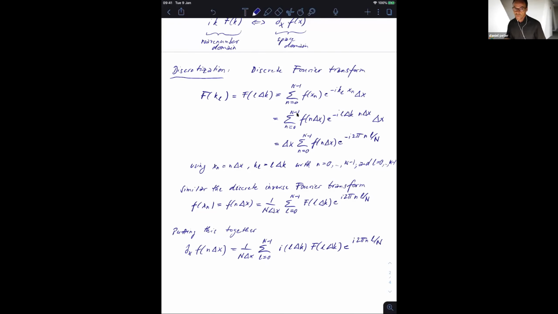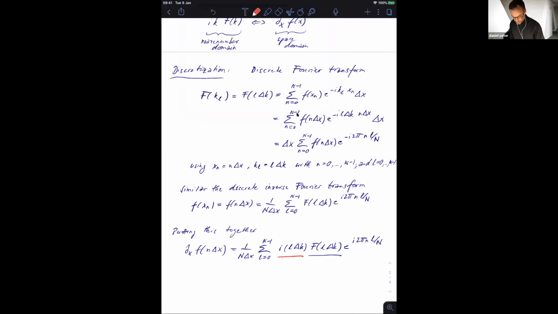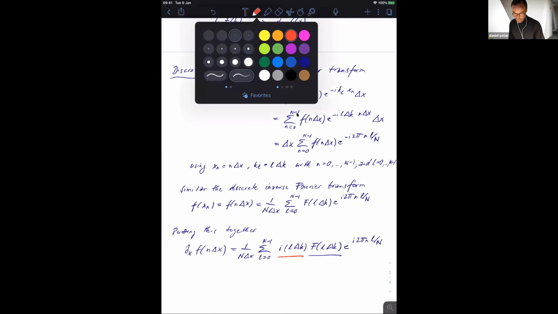So this is now how we evaluate the spatial derivative of the function. We do the discrete Fourier transform that gives us this part. Then multiply with ik, which is this part. And then take the inverse Fourier transform to go back into the spatial domain.